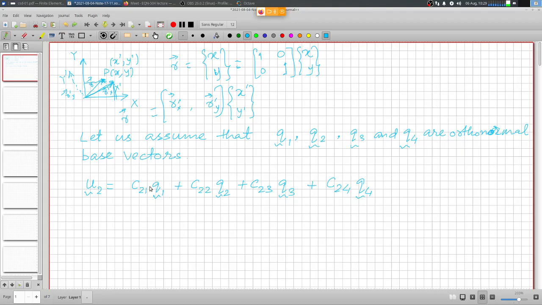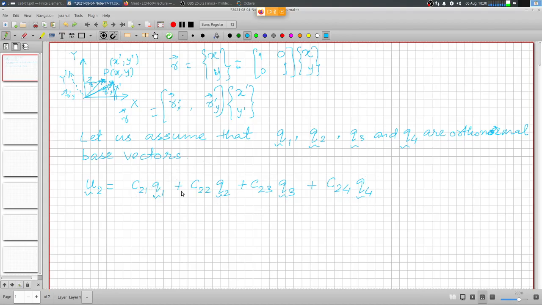So far we have only q1. We don't know what q2, q3, q4 are yet. But we know that by definition q1, q2, q3, q4 are orthonormal. They are orthogonal to each other, and each of these vectors will have unit length. And by definition, any vector u2 will be a linear combination of these orthogonal base vectors.